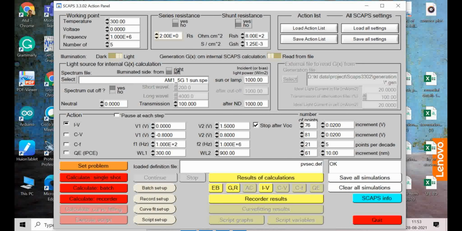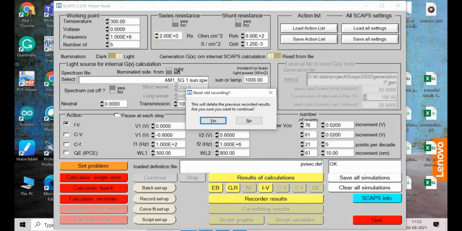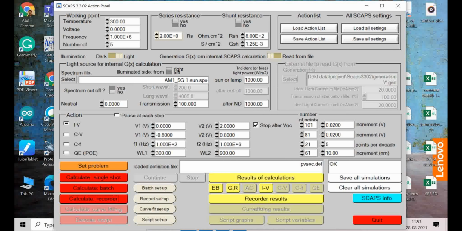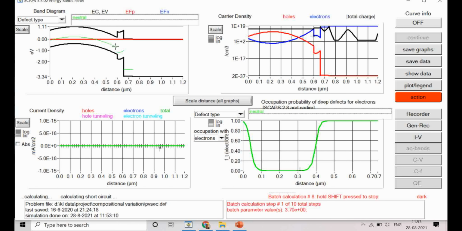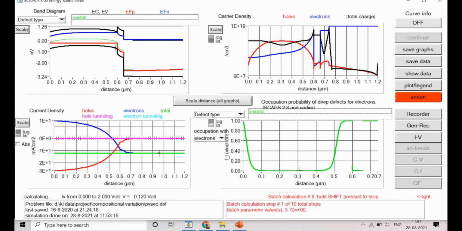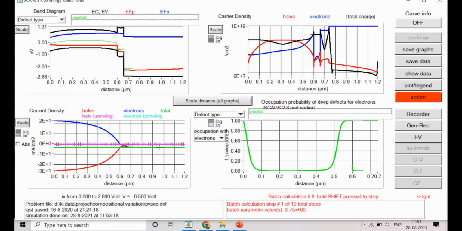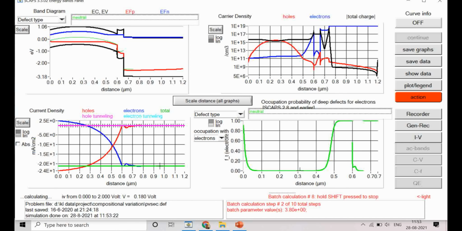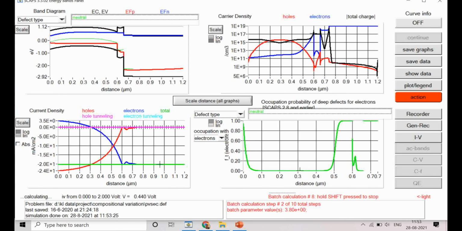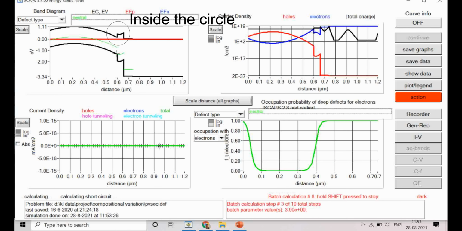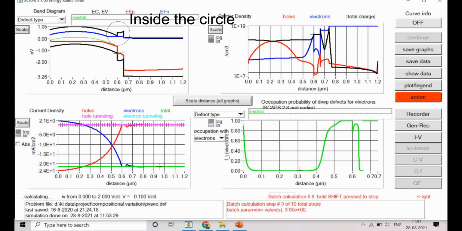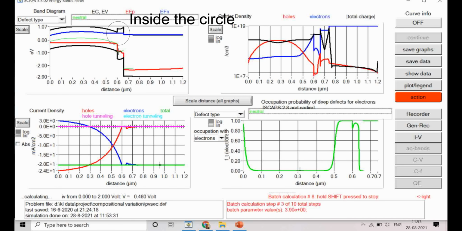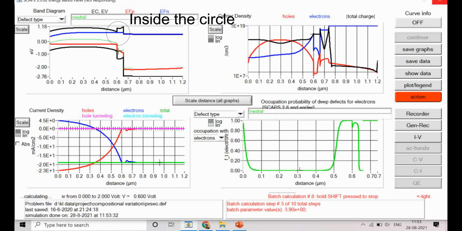Now calculate recorder. Once you calculate it, you can see there is a huge barrier at the initial stage, because the electron affinity of CDS is very low. Now as the electron affinity of CDS increases from 3.7 to 4.2, this barrier forming at the interface will decrease.